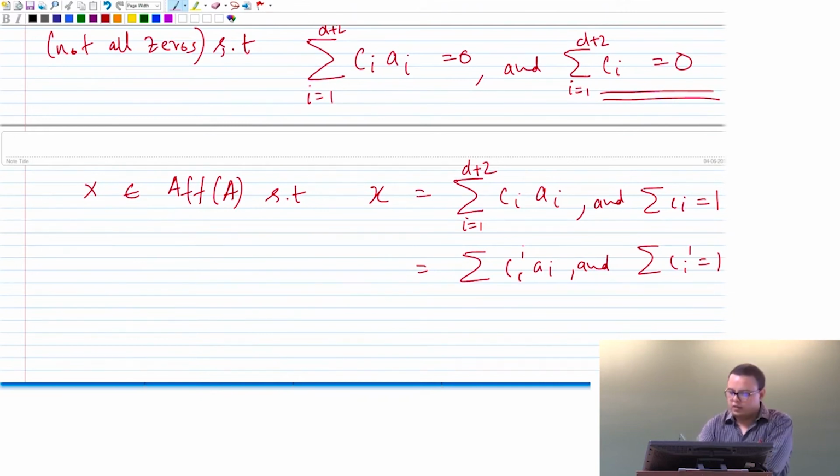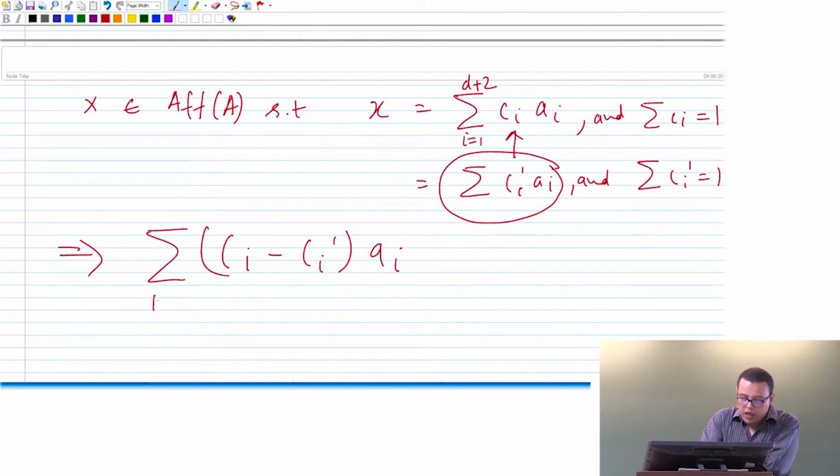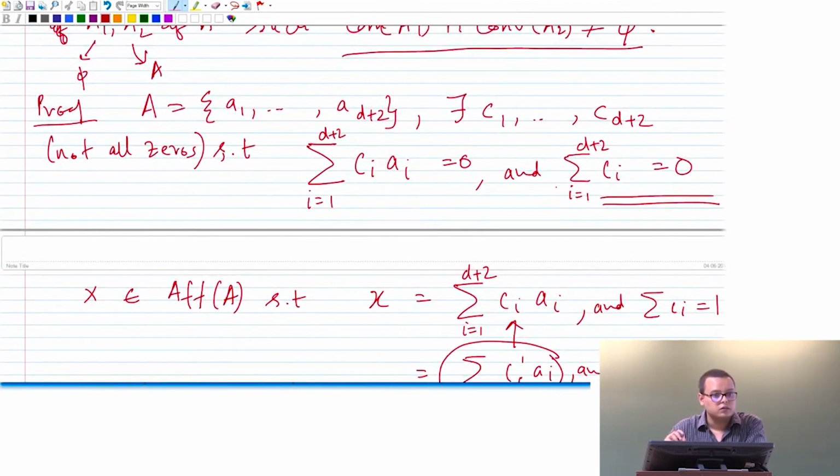Now, can you see why this gives you the other definition? I take the terms from here and bring them over. What does this equality imply? Summation (Ci minus Ci prime) Ai, i equal to 1 to d plus 2, is equal to 0. But there is another thing I needed: that the coefficients sum to 0.